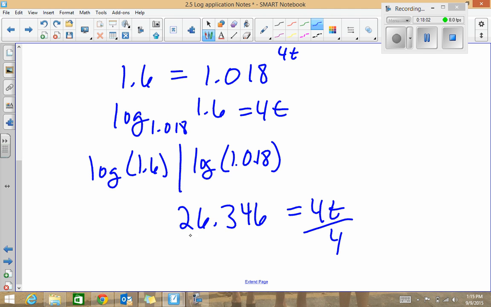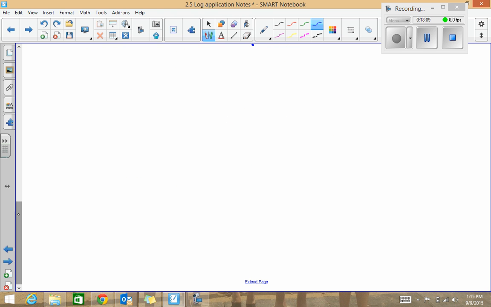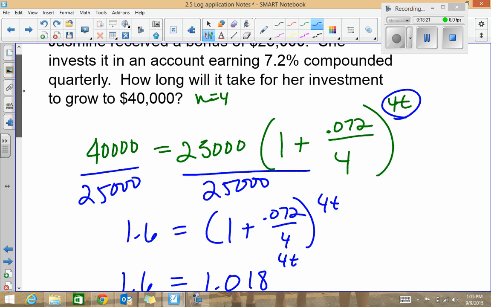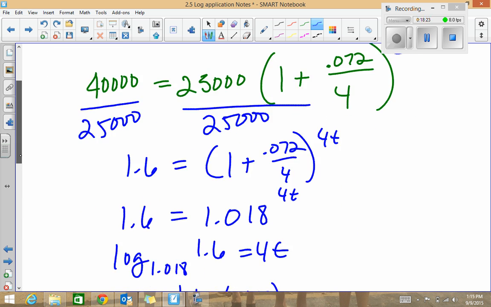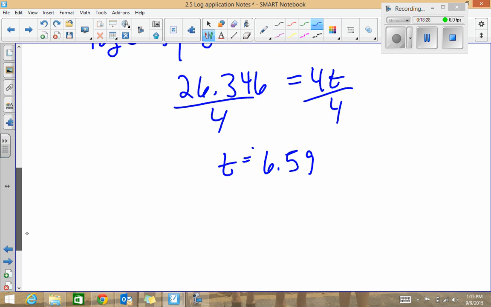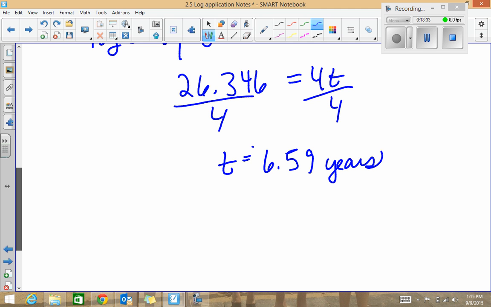So to solve for t, we divide by 4. And we get t equals 6.59. So how long would it take for her investment to grow from 25,000 to 40,000 at 7.2% interest compounded quarterly? 6.59 years.